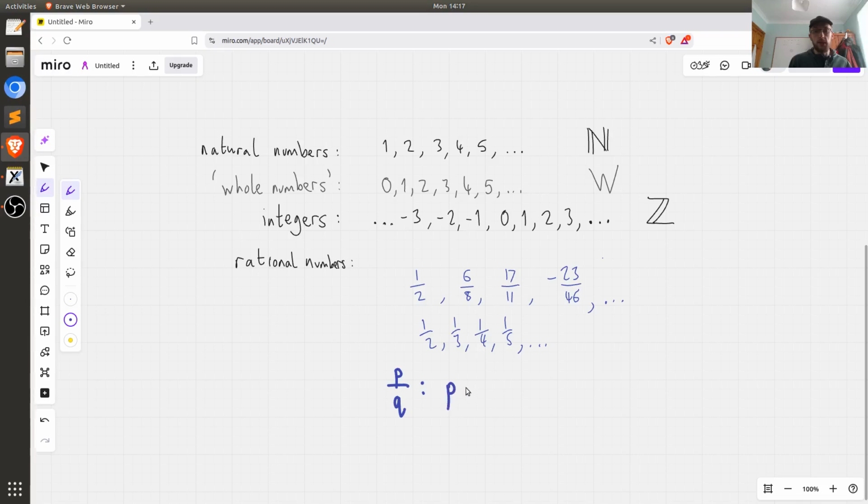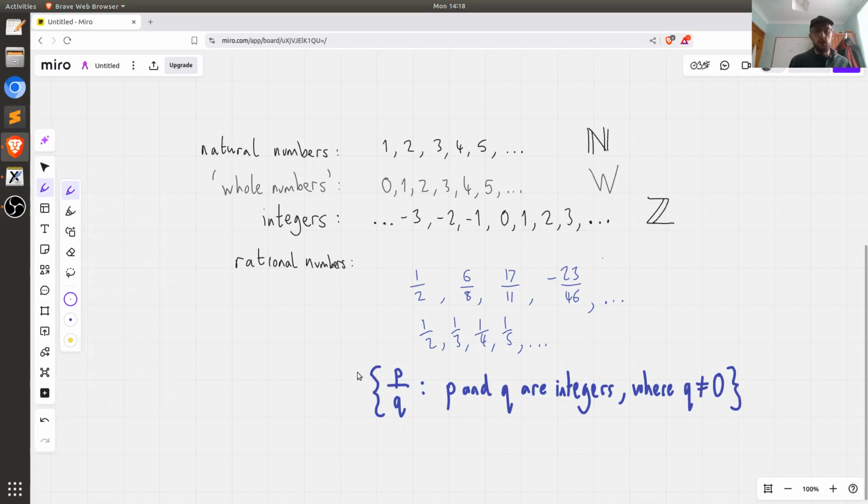Say that P and Q are integers, and very importantly, say that Q is non-zero. And then put it in a pair of braces like that to indicate that it's a set.